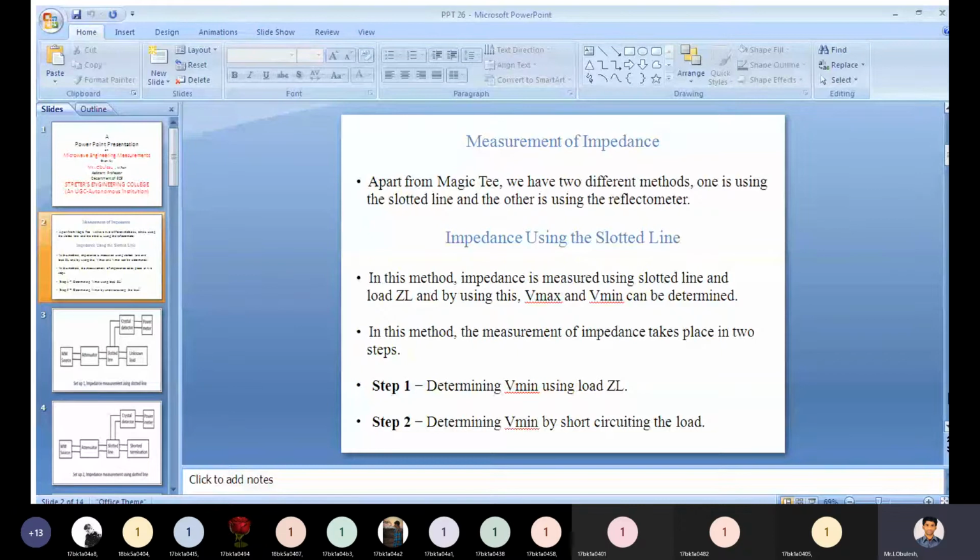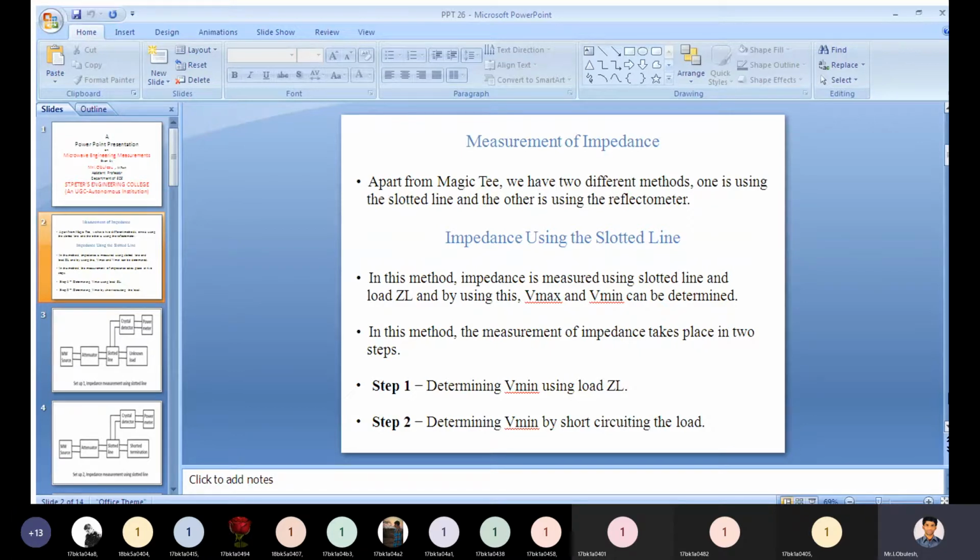Step 2, determining V minimum by short circuiting the load.